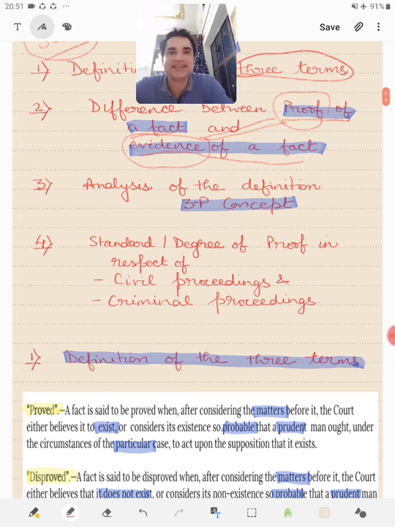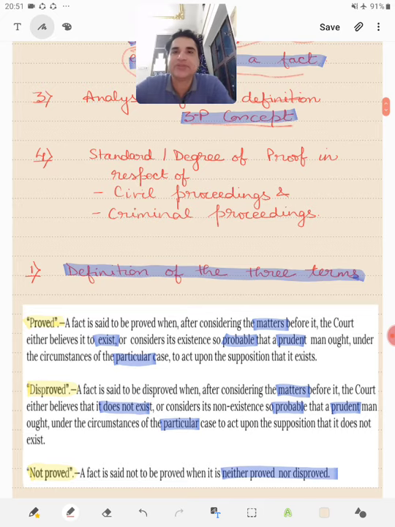Thereafter, we will analyze the definitions of proved, disproved, and not proved, and we will see the 3P concept involved in the probative force of evidence. Thereafter, we will also see the standard or degree of proof in respect of civil proceedings and criminal proceedings.